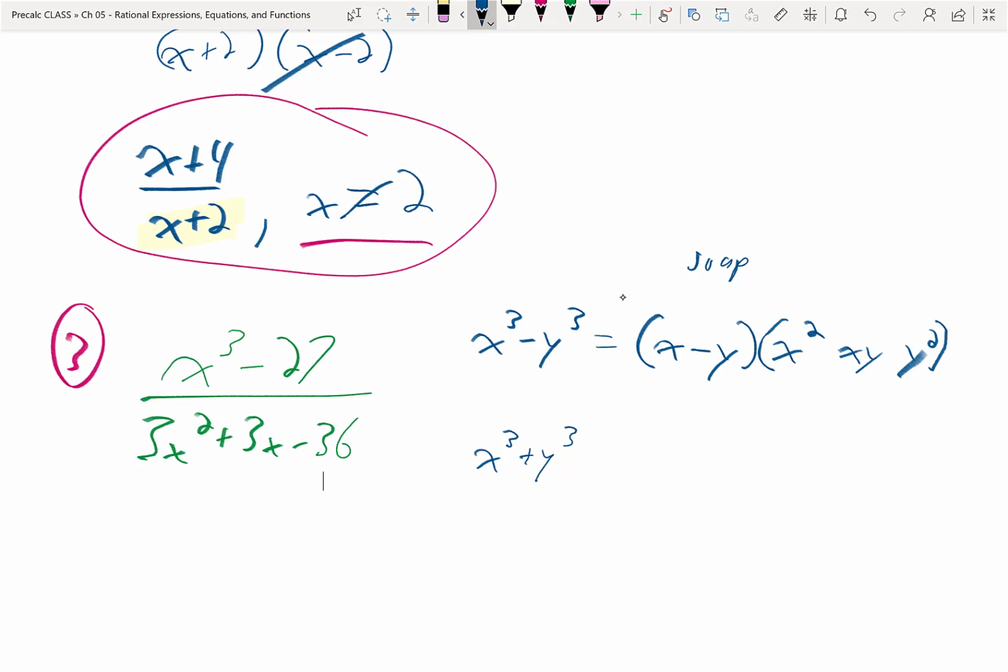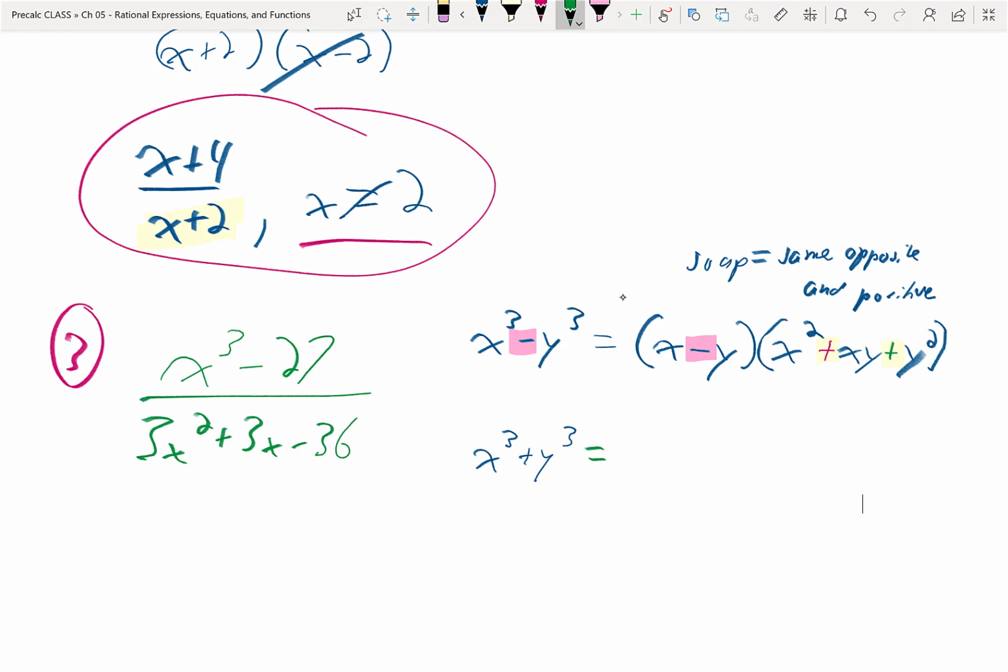Do you remember what that stands for? Same, opposite, and positive. Same, as in it's the same as what came before. Opposite, as in this sign here should be the opposite of what came before. And then always positive means the last one is positive.